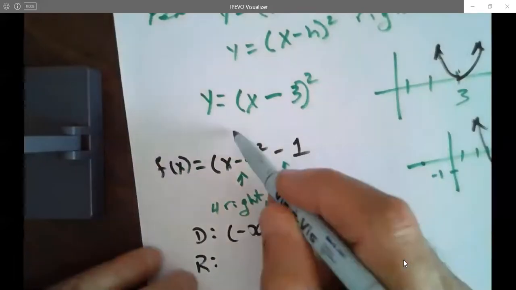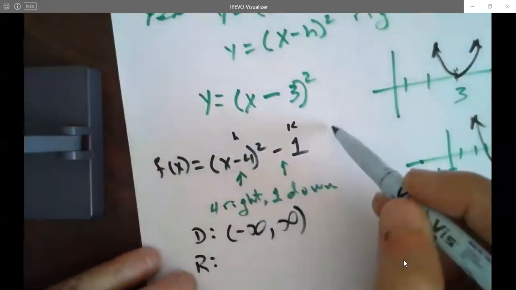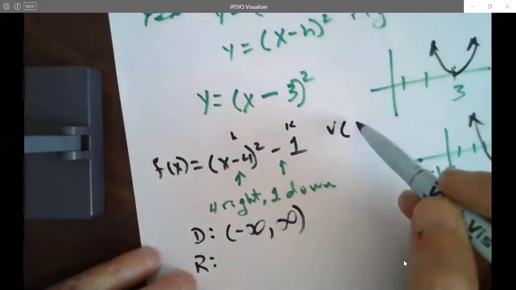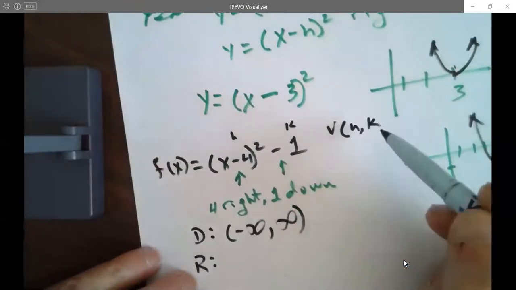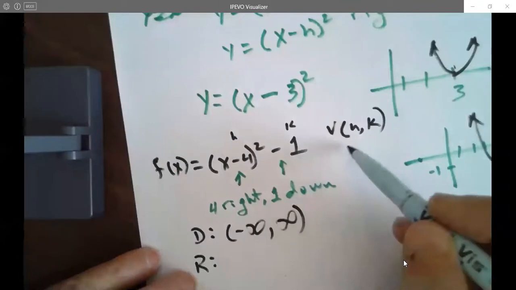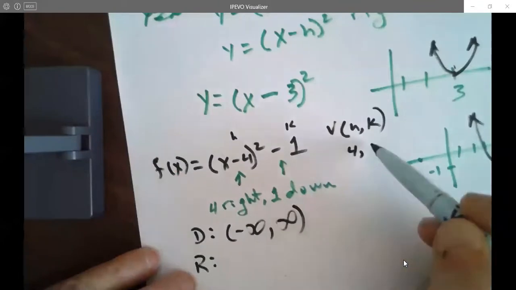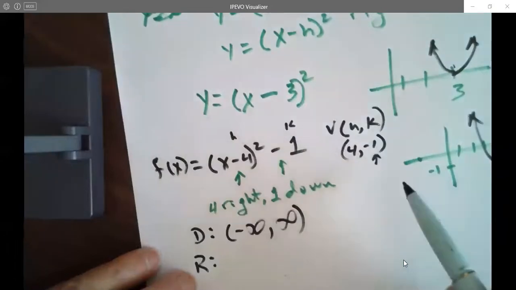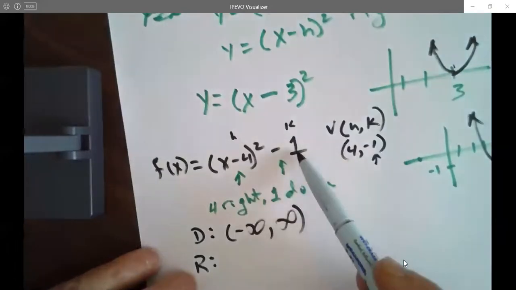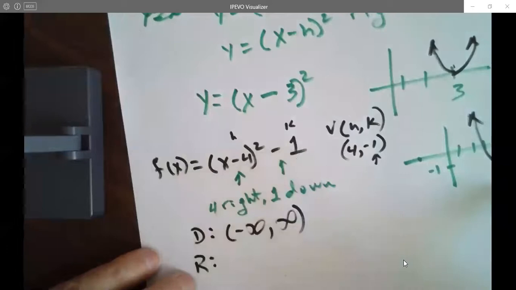And then the range is going to be, this is h, k. So the vertex is h, k, so this would be 4 to the right, 1 down. So the range is going to be the k part, where it goes up and down.